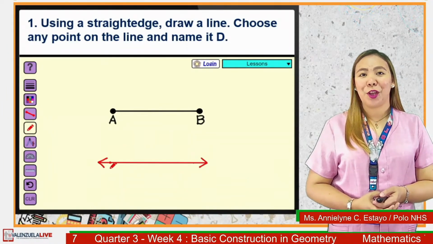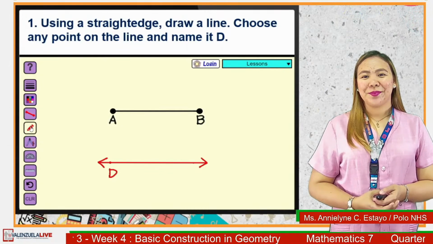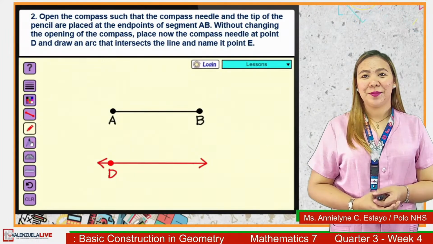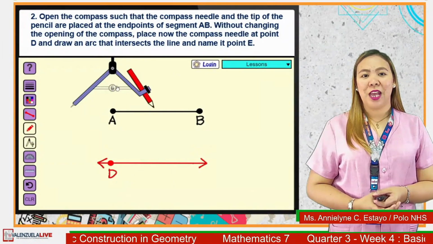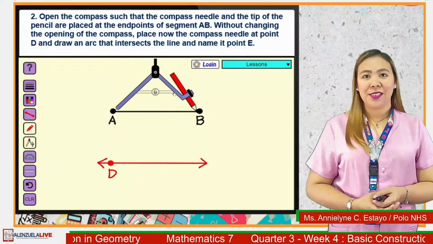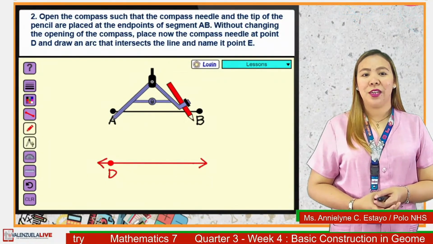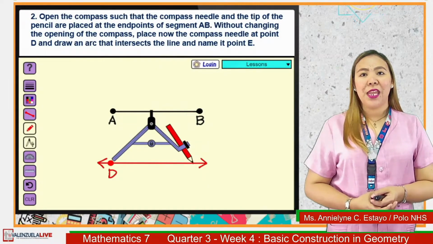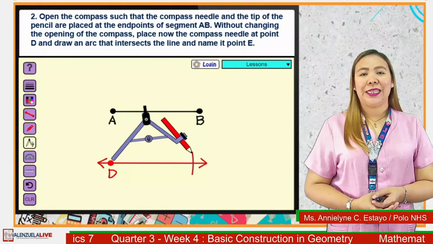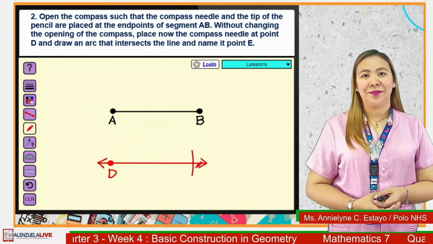Then name any point on the line as point D. Next, open the compass such that the compass needle and the tip of the pencil are placed at the endpoints of segment AB. Using the retained compass opening, place the compass needle at point D. Draw an arc that intersects the line and name it as point E.